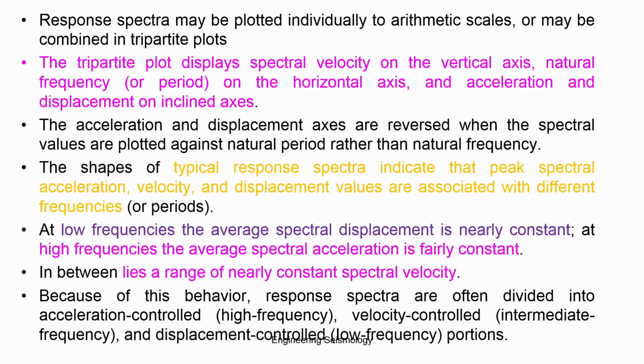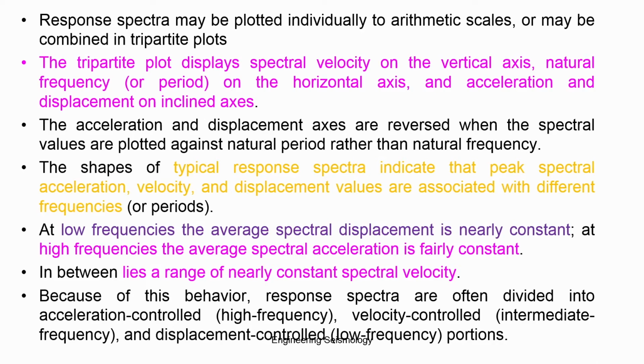The response spectrum may be plotted individually on an arithmetic scale and may be combined in a tripartite plot. The tripartite plot displays spectral velocity on the vertical axis, natural frequency on the horizontal axis, and acceleration and displacement on the inclined axes.